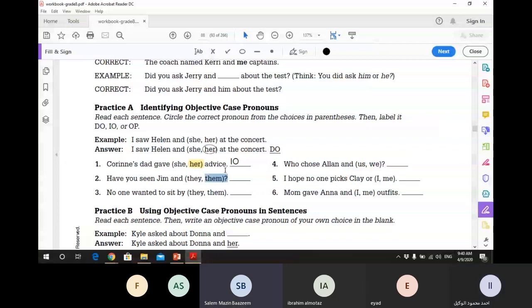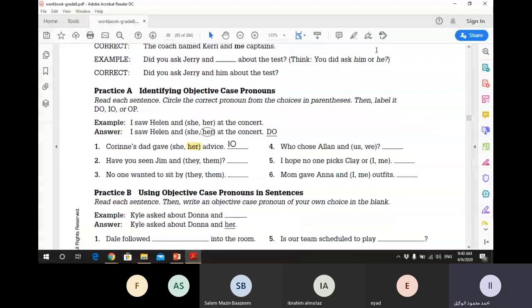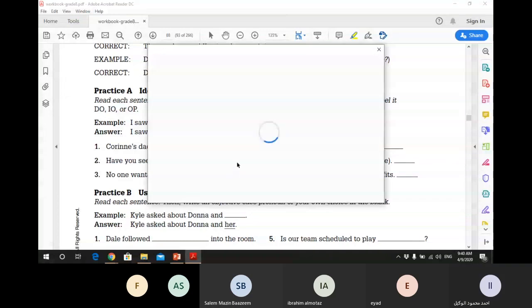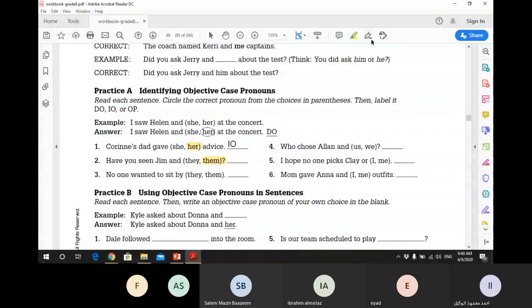So them is a compound object. Okay, so compound objects, so they are direct objects. Not this one. Alright, this one is a direct object.